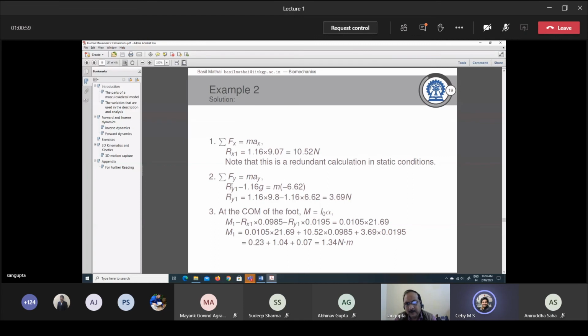But in the previous one, we didn't have a horizontal component, yet this Rx1 is used in the calculation. In the moment calculation, number 3, you see the equation M1 minus Rx1 into 0.0985, and Rx1, Ry1 both come, and this is equal to the angular moment, I into alpha. It is more or less correct, but there are maybe one or two steps missing.